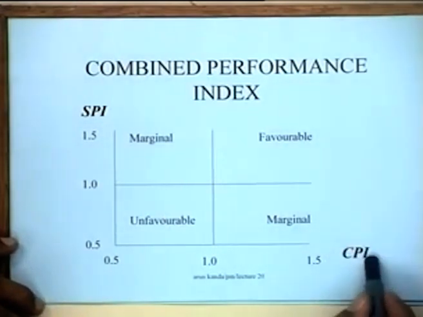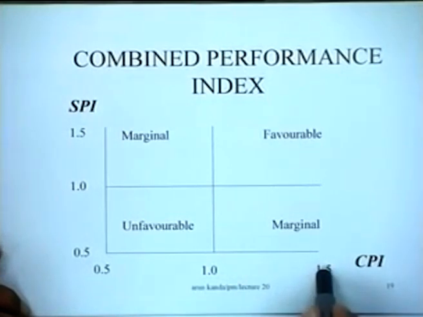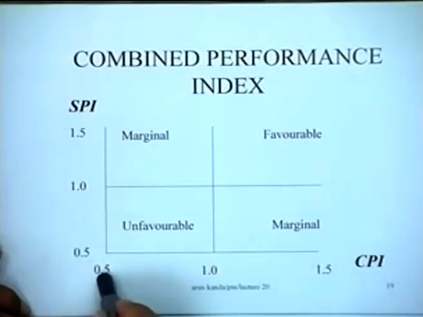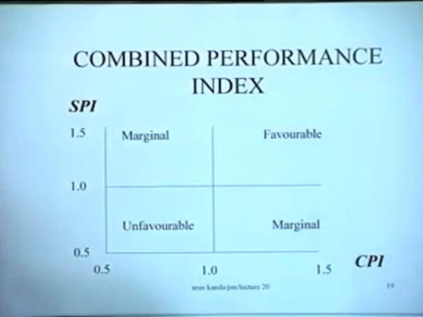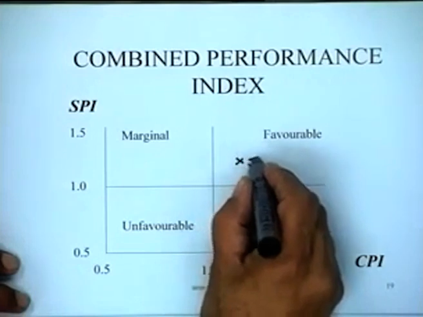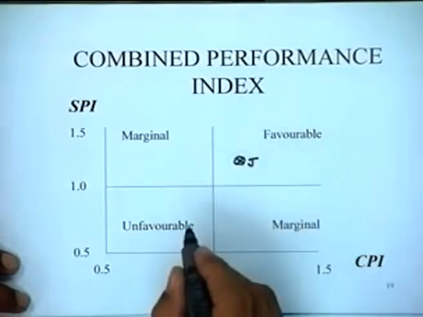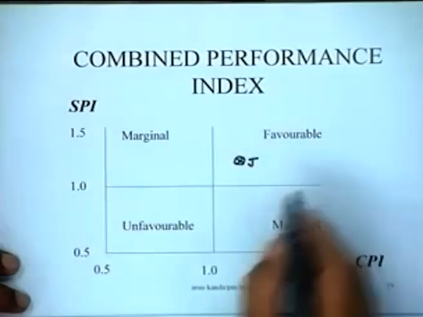The cost performance index, 1 is an okay value, 1.5 is very good, and 0.5 is here. Similarly 0.5 and 1.5. You might start, for instance, in the month of January on a very good note. So this is the month of January when you reviewed the project. It shows that both are favorable.